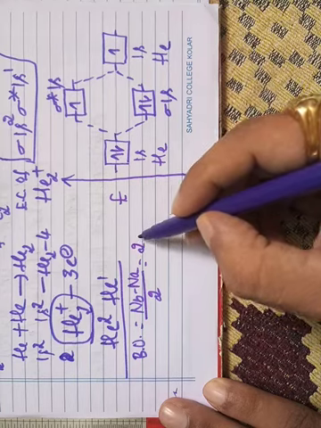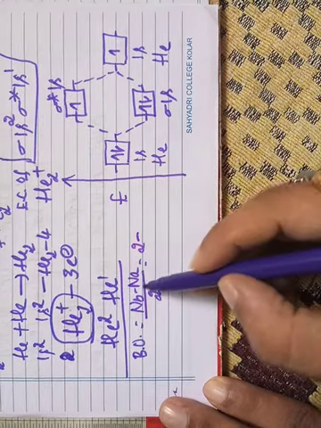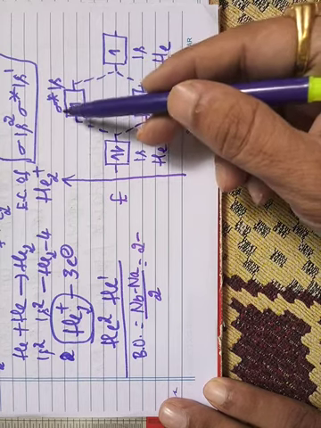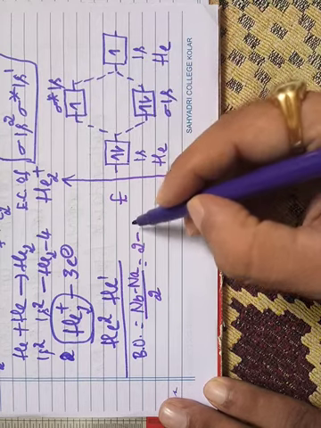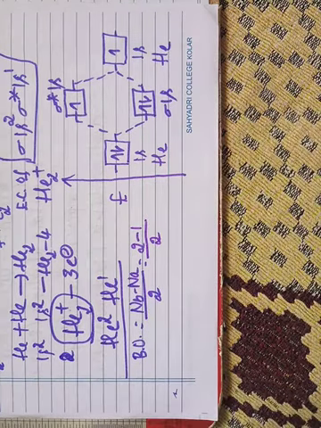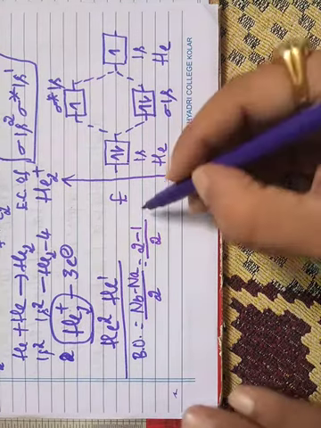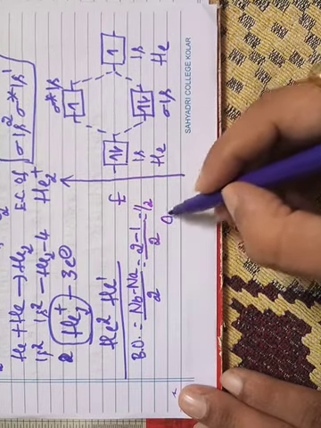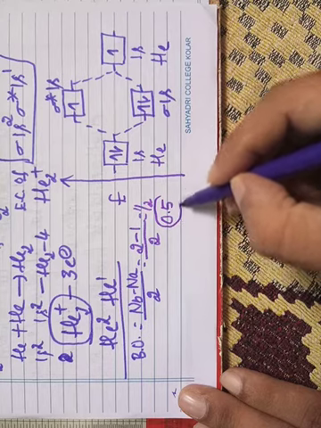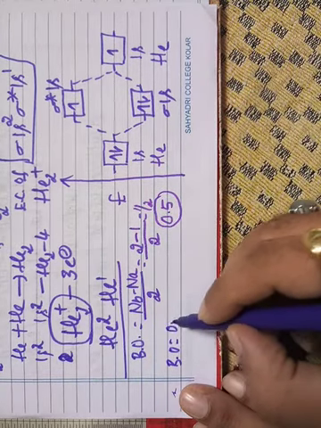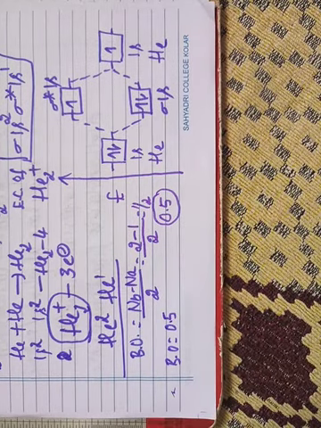Na is the number of electrons in the anti-bonding molecular orbital; here there is one electron. So that is equal to 1 by 2, or 0.5. So the bond order is equal to 0.5.